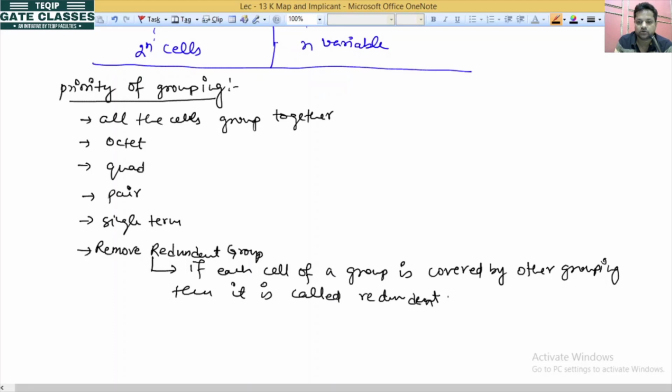Redundant group. So if any redundant groups are there, then you remove that, but removal will be at last only.